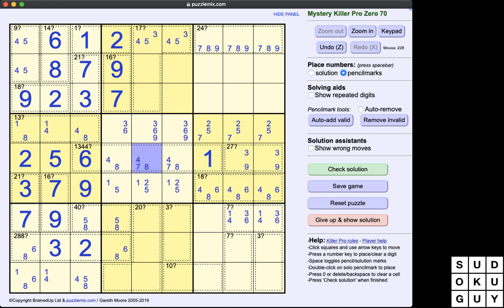Okay, we're making progress, we're making progress. This column is interesting, but I don't think I can make any deductions yet. There's still a lot of things that can go in the bottom square.